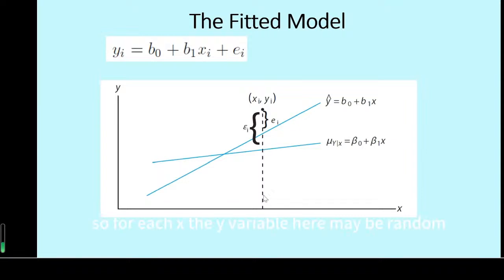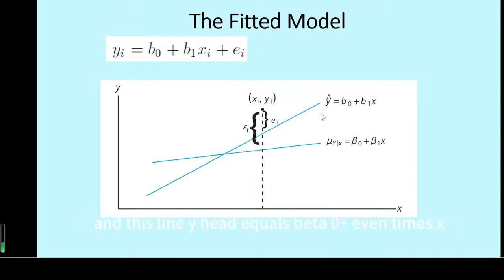So for each x, the y variable may be random. That's why we add the random term. In the real relationship, the random term epsilon follows a normal distribution with variance sigma squared.